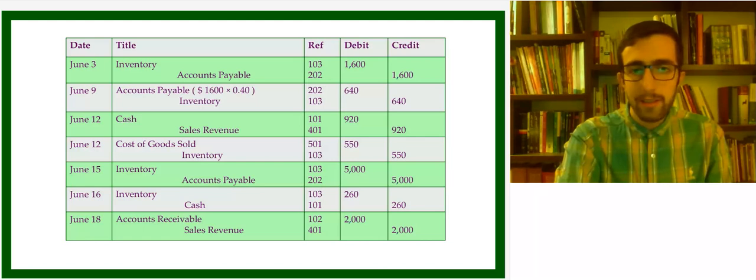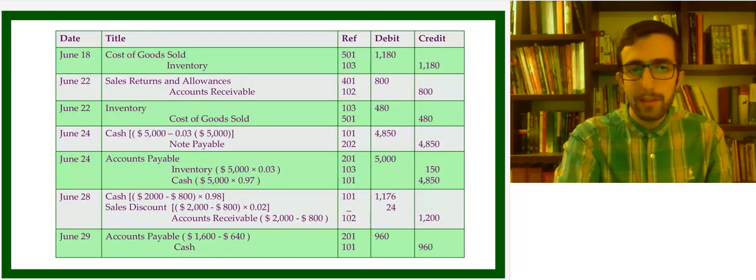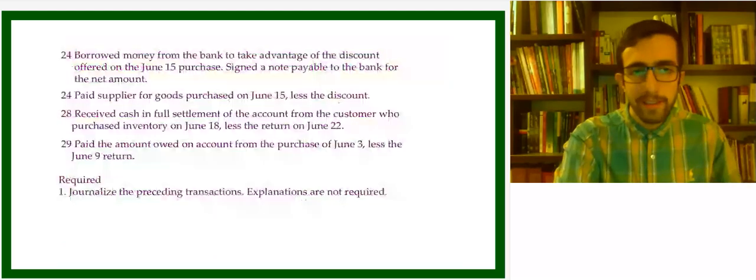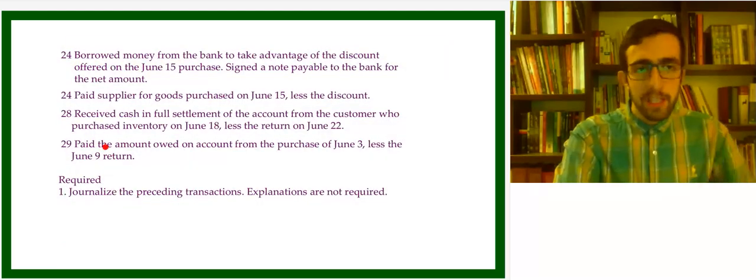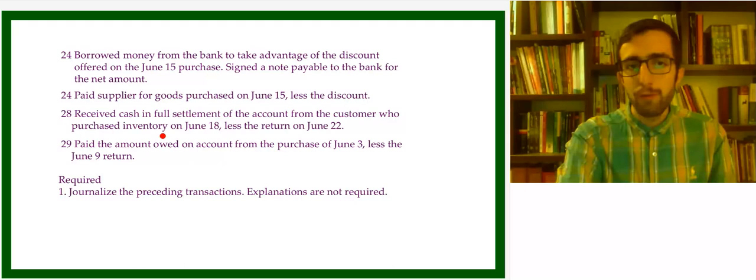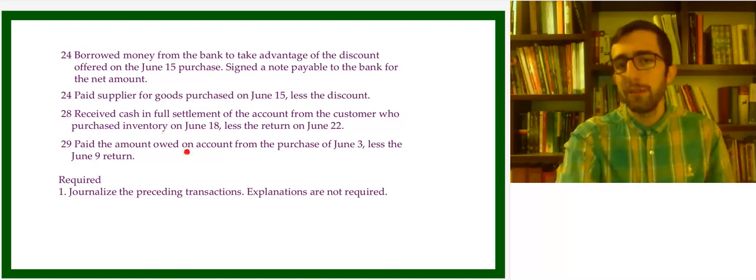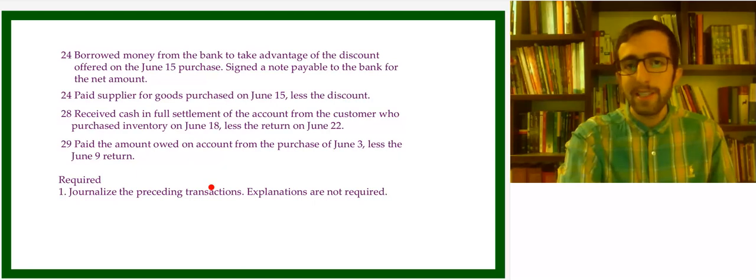In June 28, Amazon received cash in full settlement of the account from the customer who purchased inventory on June 18, less the return on June 22.